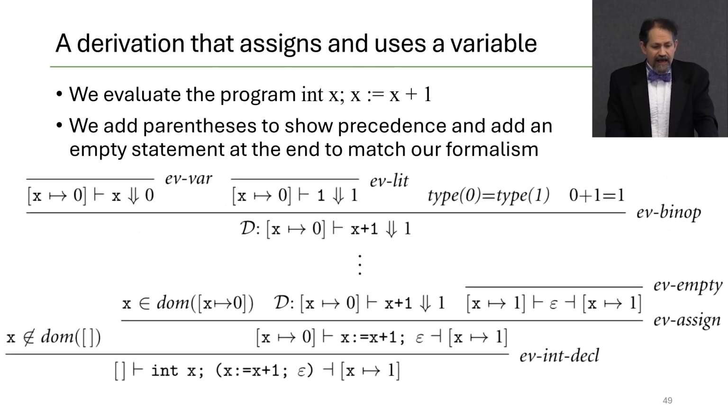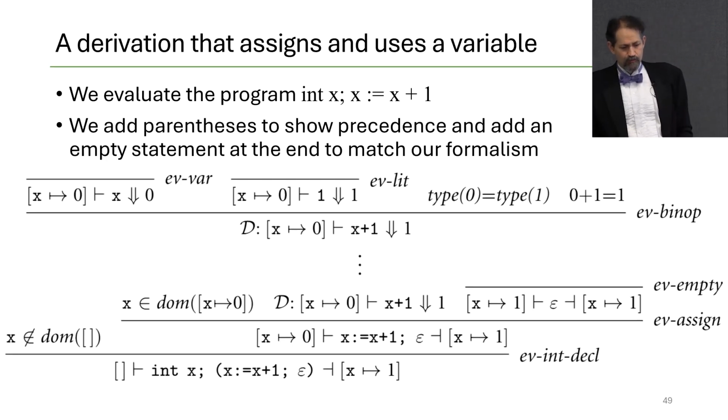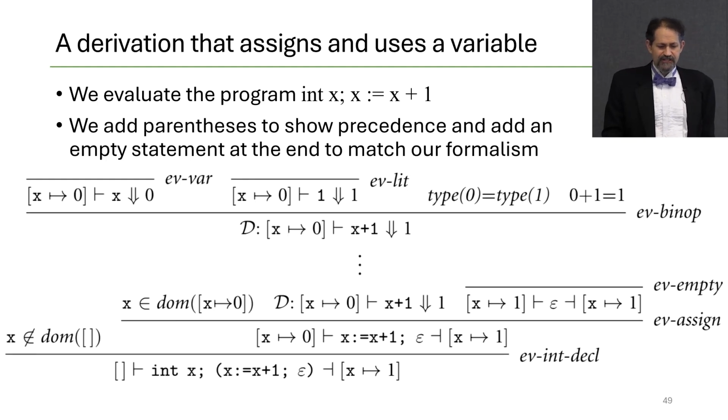With this knowledge, we can now construct a derivation that assigns and uses a variable. So we'll evaluate the program int x, followed by x equals x plus 1. We'll add parentheses to our program to show precedence and add an empty statement at the end to match our formalism. So down here is the statement that we want to evaluate.